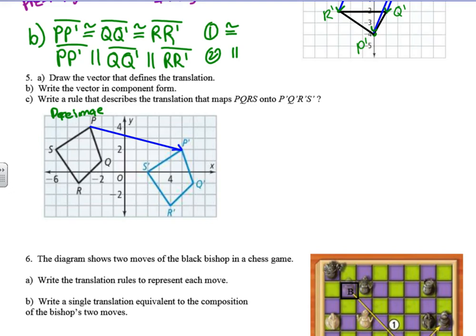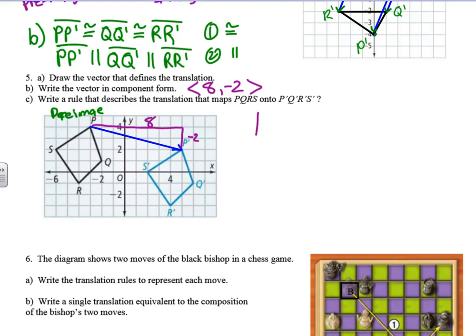Now write the vector in component form. What's going on here? How far over are we going and how far down are we going? 1, 2, 3, 4, 5, 6, 7, 8. We're going to the right 8, and we're going down 2. So component form is going to be 8, negative 2. Okay, and write a rule that describes the translation that maps this onto this.